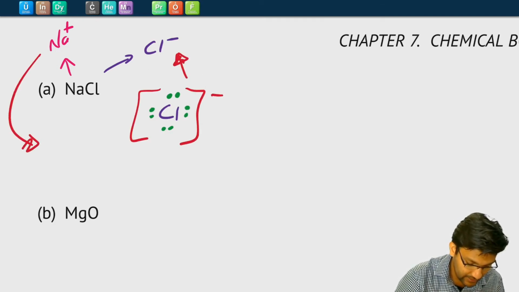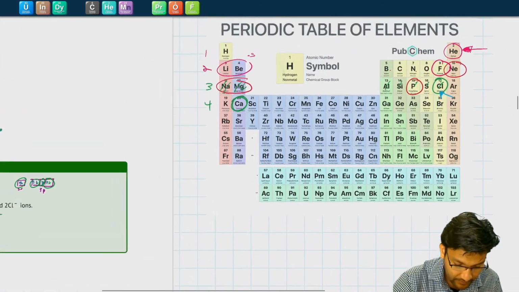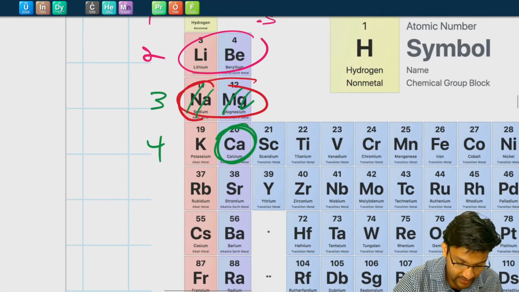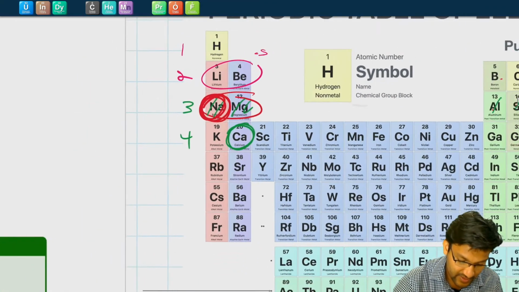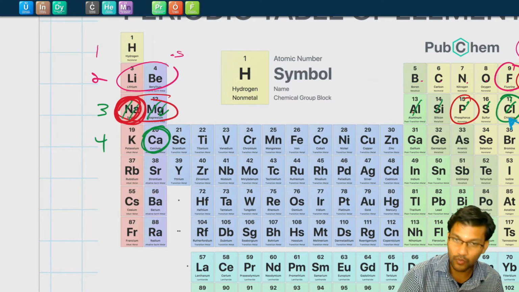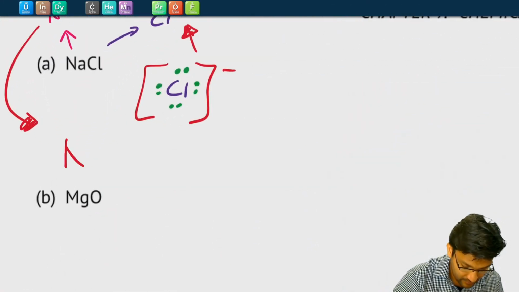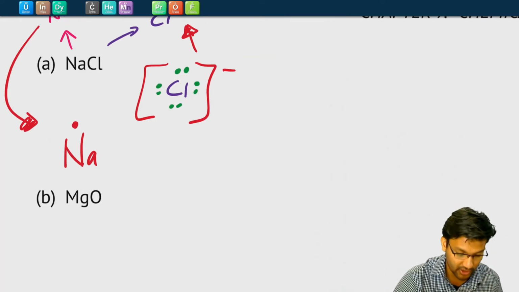For Na+, let's look at what it is. Sodium is here in the periodic table, right? Which means for the valence orbitals, the 3s orbital will have only 1 electron in it, and it will not be paired. So sodium will just have 1 unpaired electron. That's the Lewis structure.